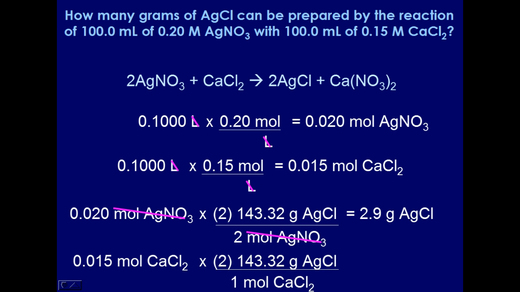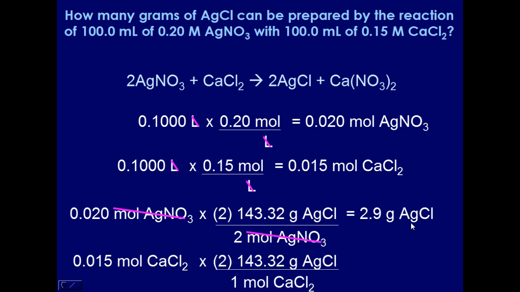If you notice, the only thing that has really changed in your setup is what you've divided by. The numerator of your conversion factor has not changed. And so if you recognize from the beginning that because silver nitrate, its quantity in moles is going to decrease to 0.010, you may recognize that this actually is going to be the amount of product that can be made, because silver nitrate would be your limiting reactant.